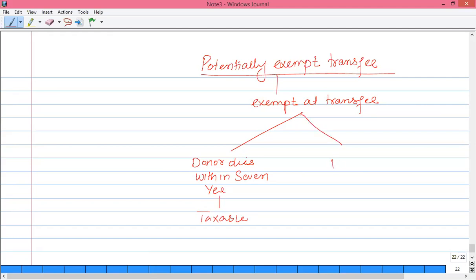And if the donor dies after 7 years of transfer, then it is now completely exempt.